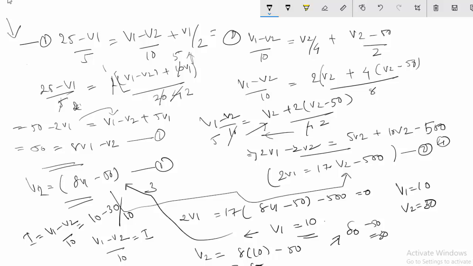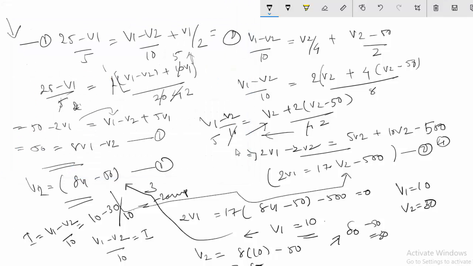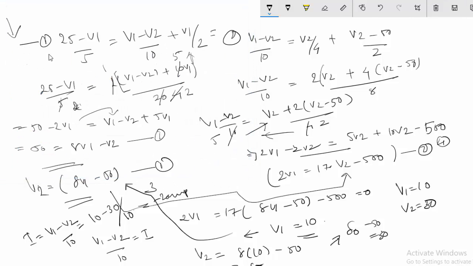So your I is equal to minus 2 ampere. So I will just save this and erase this to show what we have found so far.